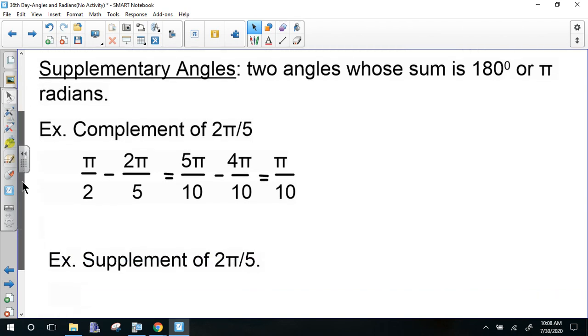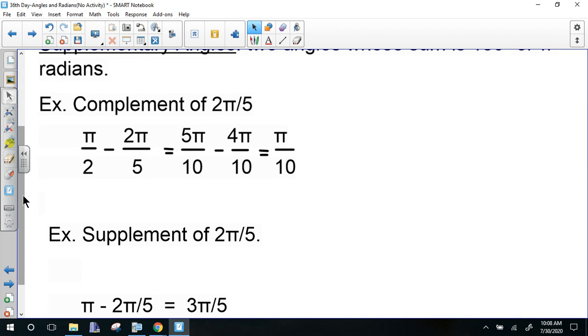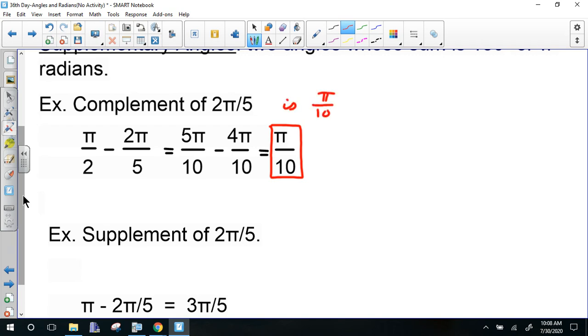In this example, we want to find the complement of 2 pi over 5. If we subtract that from pi over 2, we'll get the answer pi over 10. So the complement of 2 pi over 5 is pi over 10. If you add those two angles together, you get pi over 2.